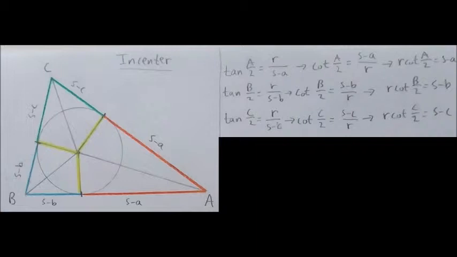Tangent being opposite over adjacent, we can say that tangent of A over 2 is equal to r over s minus a. Cotangent is simply the reciprocal of tangent by definition, so cotangent of A over 2 is equal to s minus a divided by r. Rearranging, we can write r times cotangent A over 2 is equal to s minus a. A similar argument applies to the other two angles, as shown below.